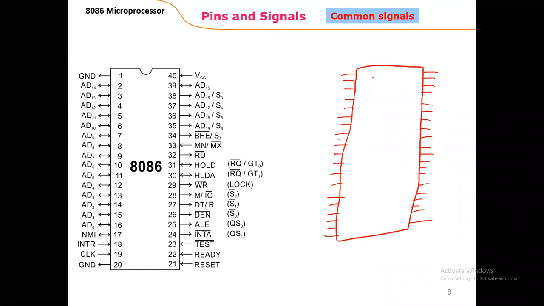Now the numbering system. You know that the IC has the symbol on the upper side, and the counting is on the left side.